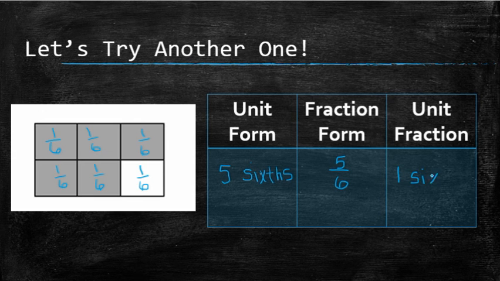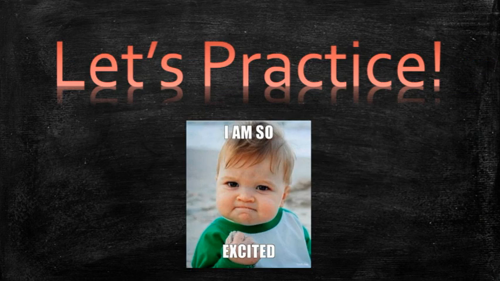So that wasn't difficult at all. I know you probably looked at this and you thought, oh my goodness, this is different than the other ones. The other ones only had one unit shaded in. What am I going to do? And we just follow the same process with every problem that we have. And that was easy. We could easily see that 5 of those were shaded. You are going to do an awesome job. It is time for you to start practicing.